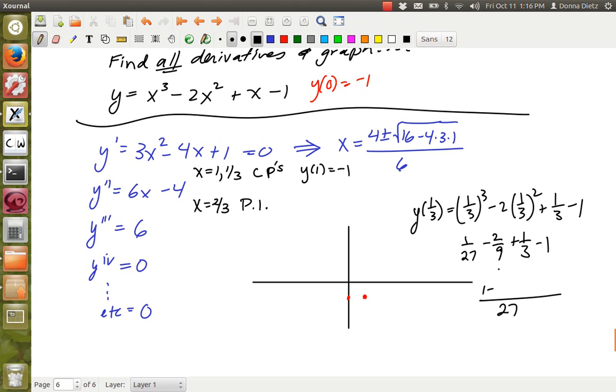Not really sure why. Minus 23 over 27. So if you calculated this by hand, you would end up showing that that's just a little bit larger than -1. Okay, so y of 1/3. I'm going to stretch these points out here.